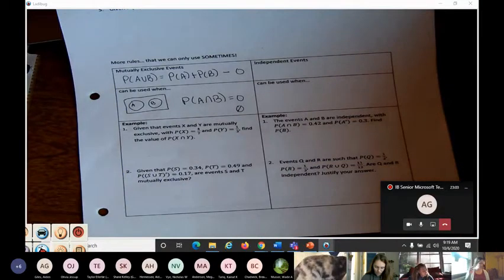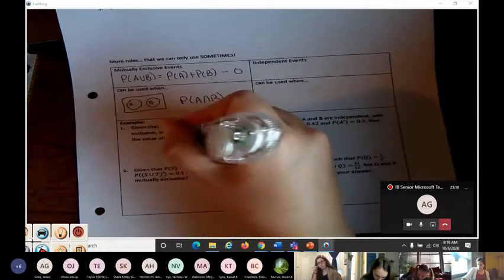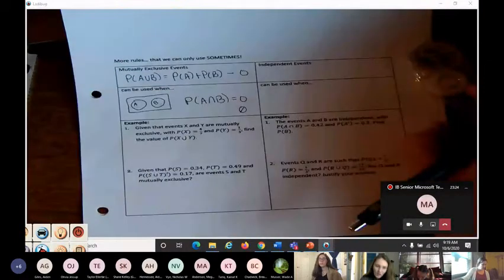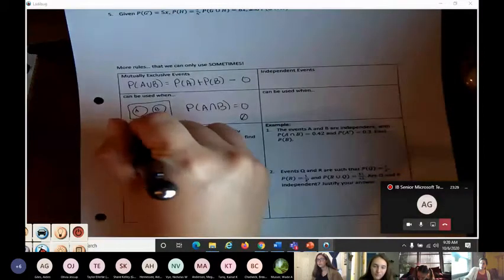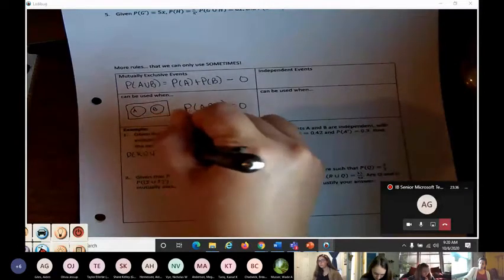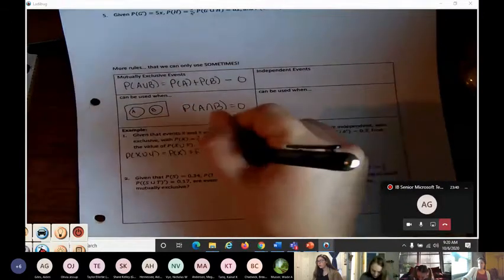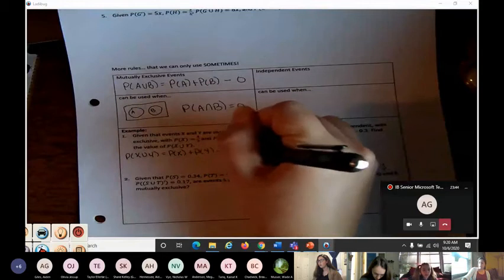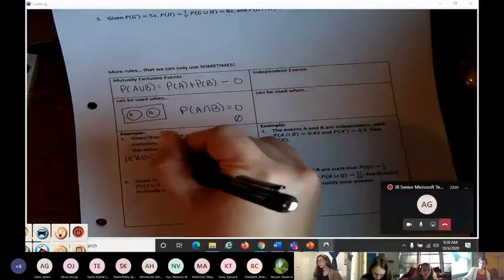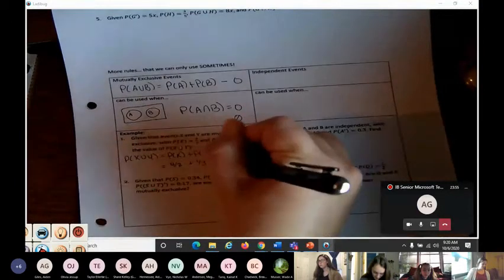Okay, so we'll do an example. It says, given that X and Y are mutually exclusive, with P of X being 4/7 and P of Y being 1/3, find the value of, and there's a typo here, it should be X union Y. So P of X union Y is equal to P of X plus P of Y minus the intersection of X and Y. That intersection is going to be 0, so I can just write 4/7 plus 1/3 and subtract 0 from it.